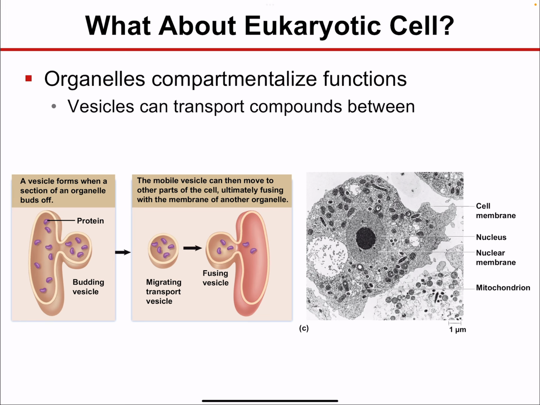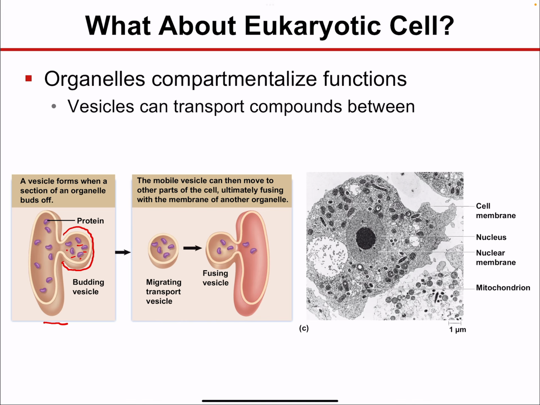These transport vesicles are going to, from one compartment that we're going to call compartment A, a vesicle is going to bud off from compartment A. As this vesicle buds off, it's going to leave with a cargo. And that cargo, in this particular instance, is proteins, right?